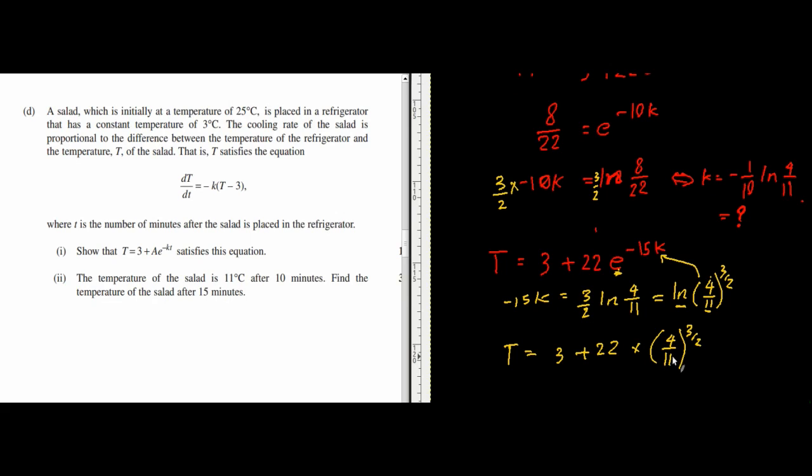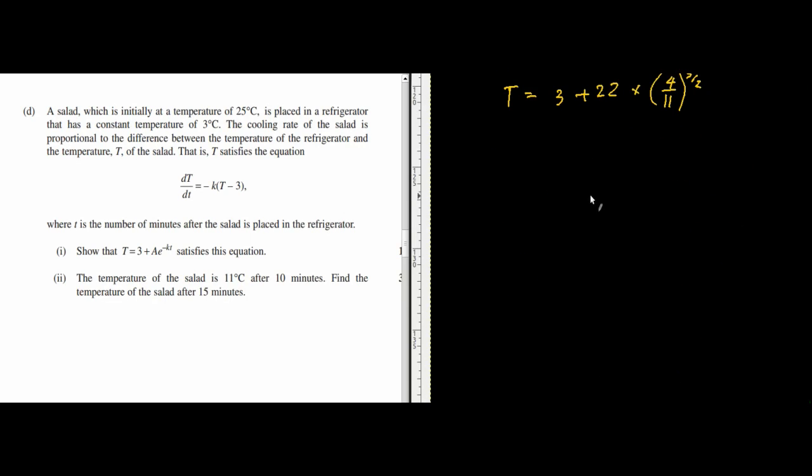So it'll be 3 plus, okay, I guess this was unnecessary considering the amount of time it's taking, but I'll just show you why it gives you a nicer answer.